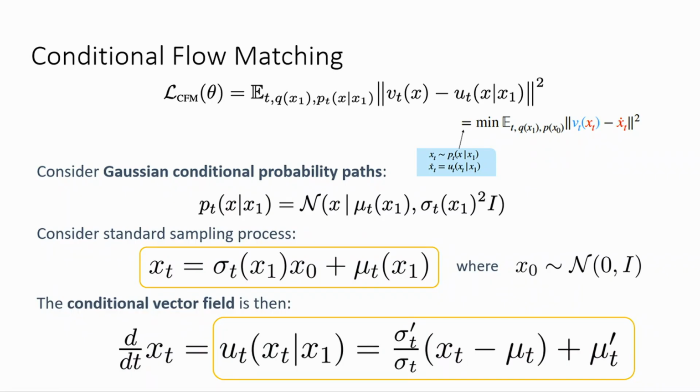If you condition on a single data point, it's tractable. And if we do it for all pairs of noise and data points and take the expectation of that loss, we get the same gradient as for the true marginal vector field that we want to learn, which is actually intractable.